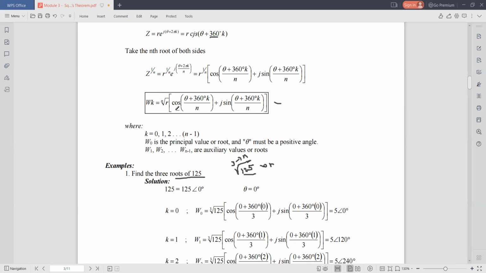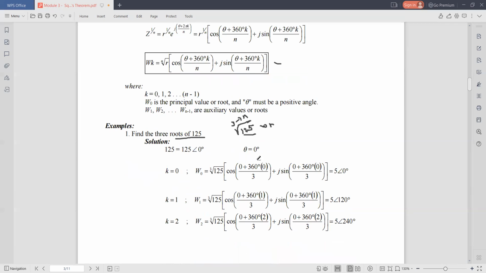Then quantity. So follow lang. That is cosine of theta. So theta natin from the start is 0 plus 360 degrees times k. So what is the k here? So that is 0, of course, plus j, then 0 plus 360 times 0 over, yung n mo dito is 3.